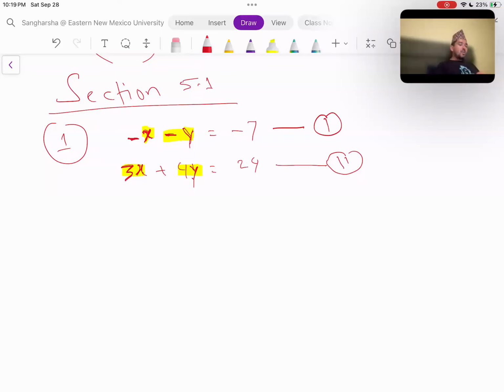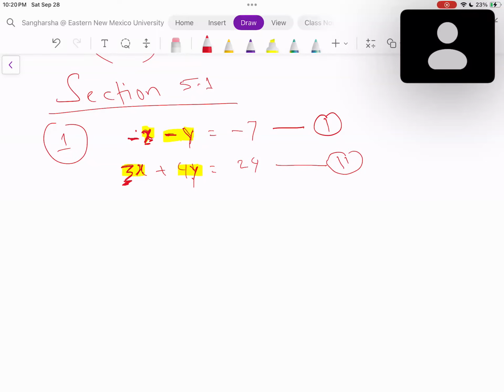Now, how can we make this x have a -3 as a coefficient? We have positive 3 here. So if we can have a -3 here, we can eliminate x. What do we need to do? Do we multiply, divide, add, subtract? What do you think? Multiply by 3.